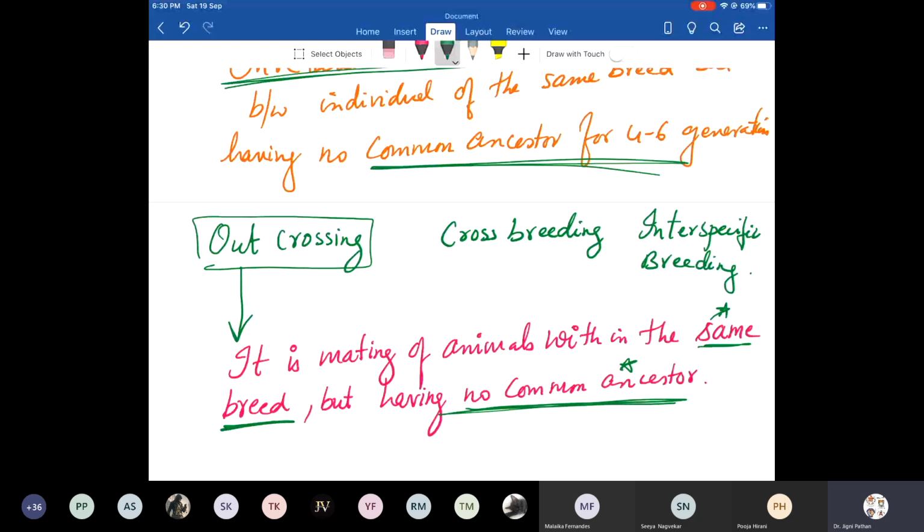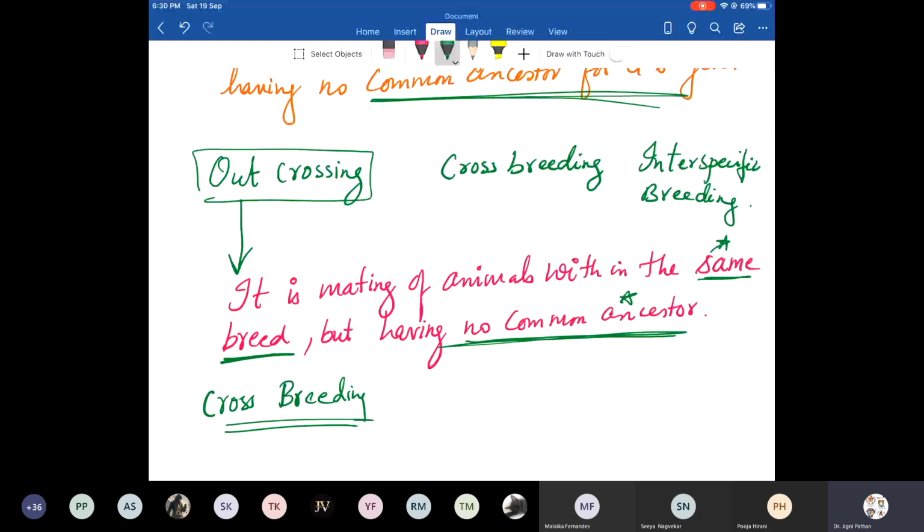This is usually carried out to increase milk production. This kind of breeding is done usually to increase milk production. Okay, crossbreeding, very important. Now, in crossbreeding, listen to this.